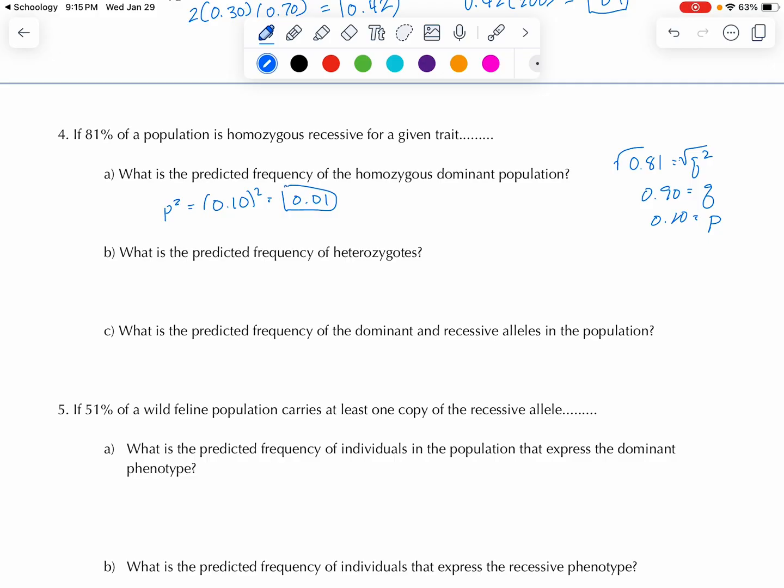What's the predicted frequency of the heterozygote? So it's going to be 2 times 0.1 times 0.9. Okay, so that's going to be 0.2 times 0.9, which is 0.18.